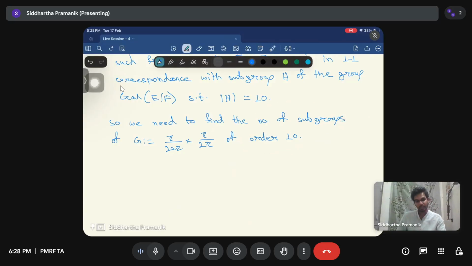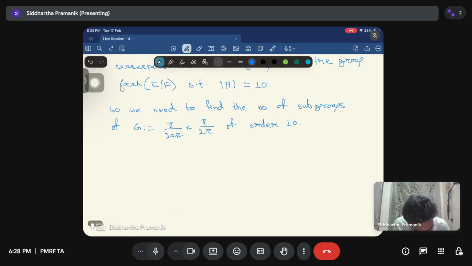Now, in general, there are only two groups of order 10.